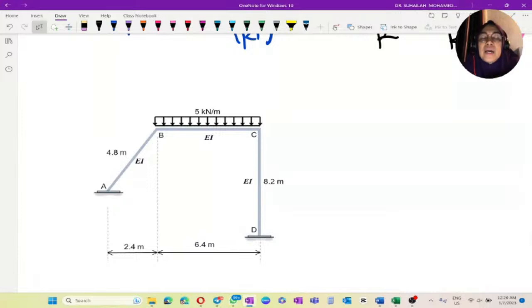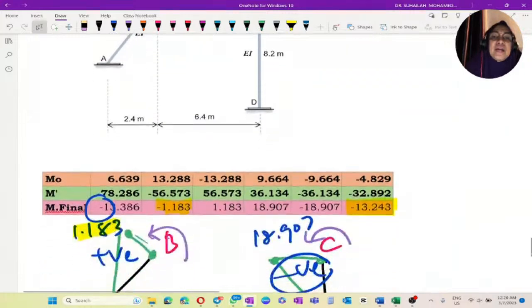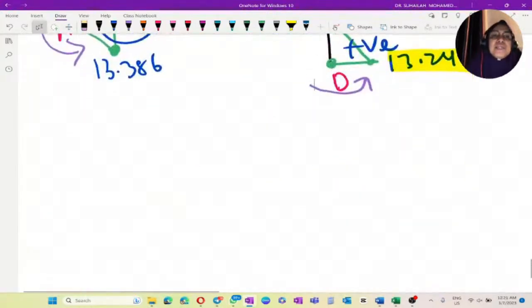The maximum moment in the bending moment diagram is calculated from the area of the shear force diagram. So we have to draw the free body diagram for member BC only.